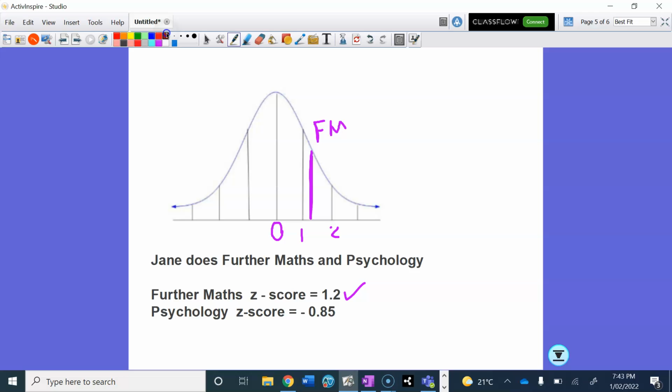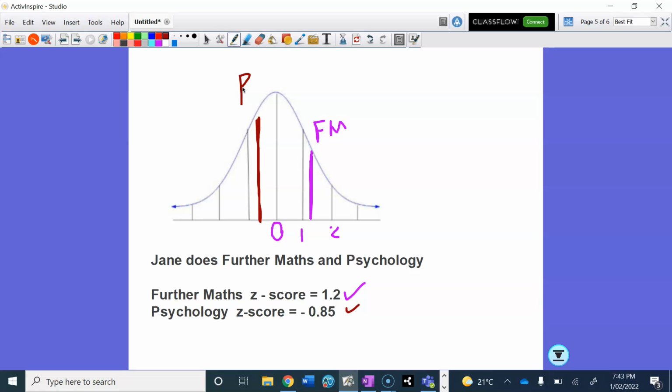And her psychology score, I'm going to put in a different colour, negative 0.85, so in here somewhere. Interpreting would require me to tell the reader what percentage of the population she falls in. So for further maths, her SAC score would fall in the top 16% of the population, and for psychology, her score would fall in the bottom 50% of the population.